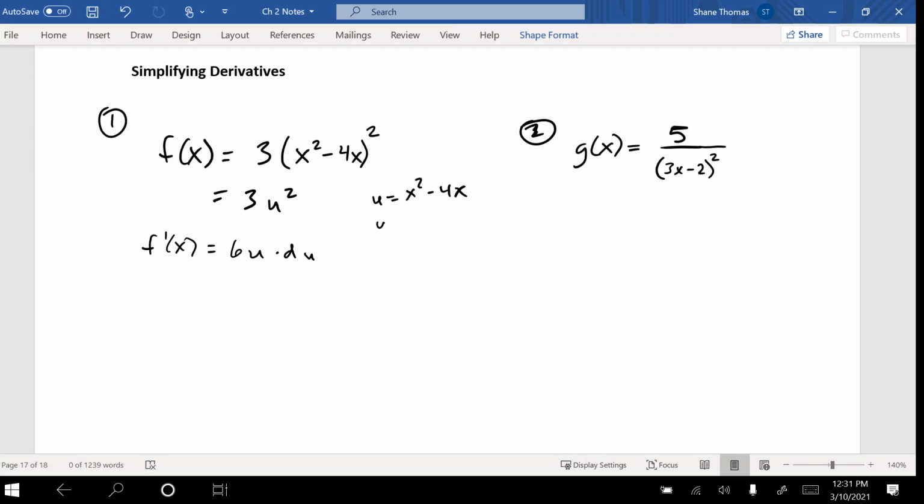Okay, then over here, u prime is going to be 2x minus 4. That work? Okay, now we'll plug stuff back in. 6 times x squared minus 4x times 2x minus 4. And I think right there is about where we're stuck.